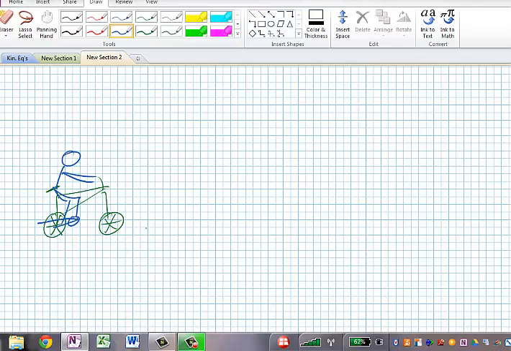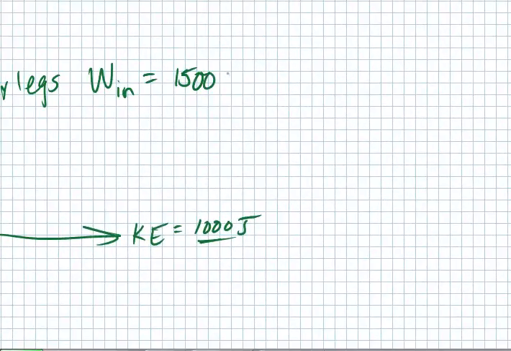And let's say the change in energy of the bike, so I go from, let's say, KE equals 0 joules, and some work happens, and then I get up to KE equals, let's say, 1,000 joules. So that would be the output. I go from 0 meters per second up to some speed, which gives me kinetic energy of 1,000 joules. But imagine I've got this magic work meter attached to my legs, and I find that my legs put in 1,500 joules.